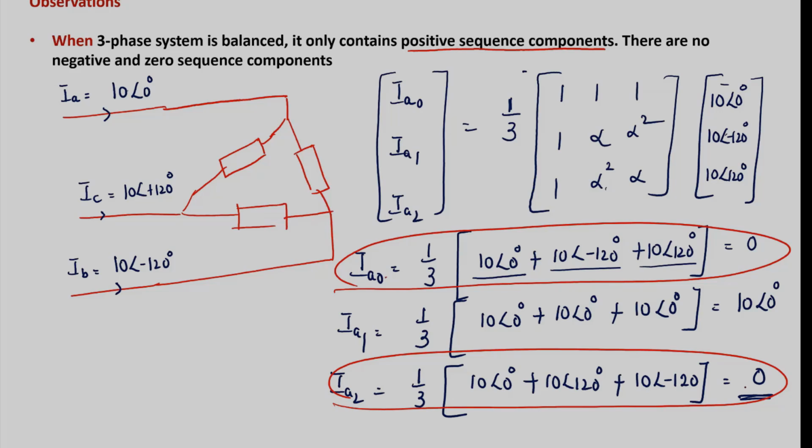When voltage and current both are absent, there is no point of having the impedances. So when the power system is balanced, very, very important point, it only contains positive sequence currents, positive sequence voltages, and positive sequence impedances. No other components will be present. This is a simple proof which I tried to explain. Okay, that is the first important point.